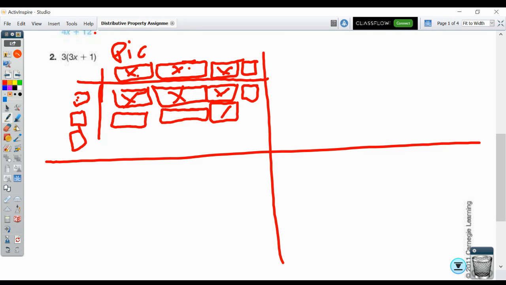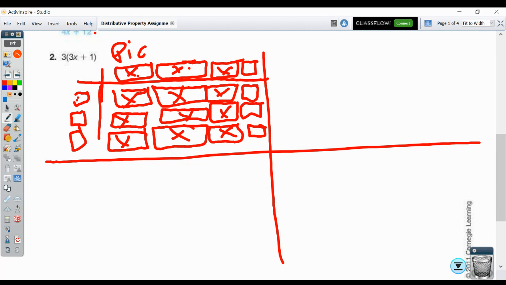This way it annoys me a lot because it takes so long. I get 1, and I do the same thing again, and I get 1. X, x, x, 1, 1, 1. So in total, I end up with 1, 2, 3, 4, 5, 6, 7, 8, 9 x's and 3 singles.